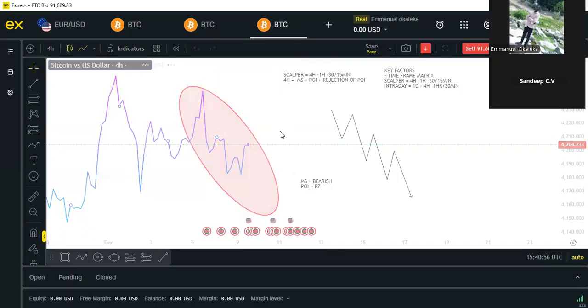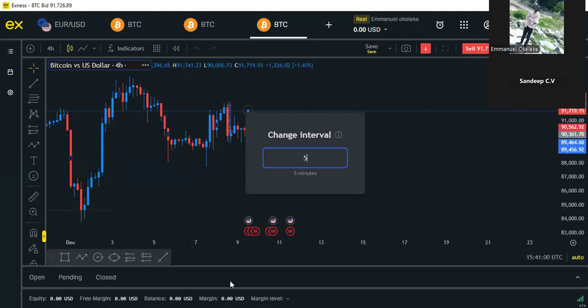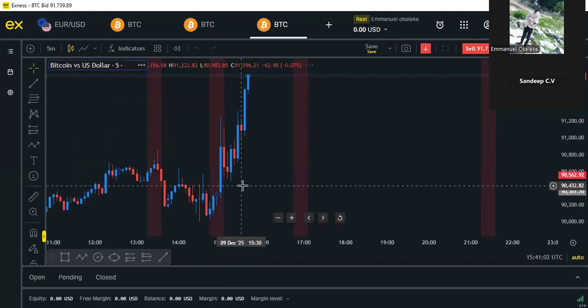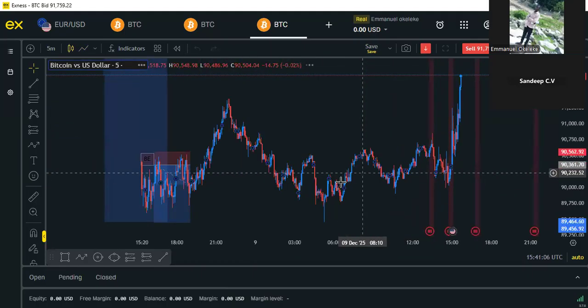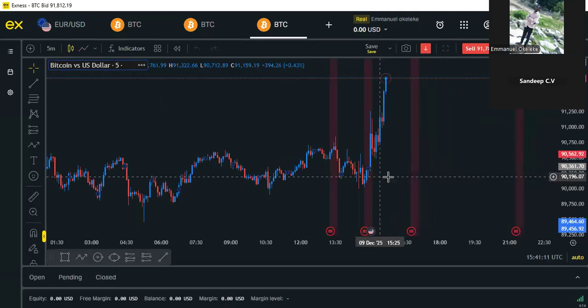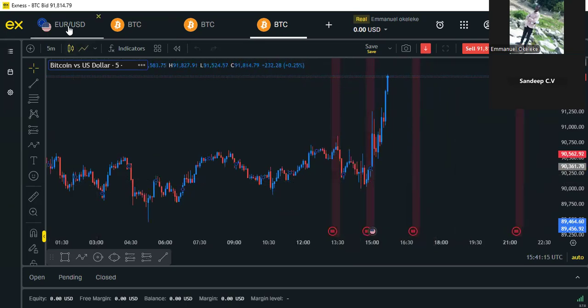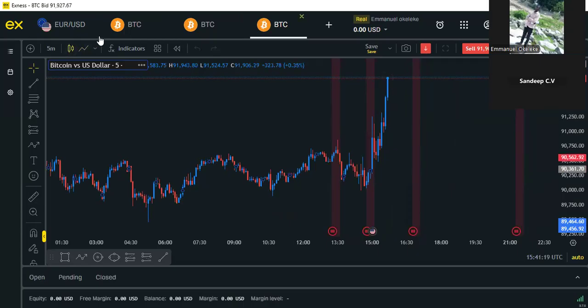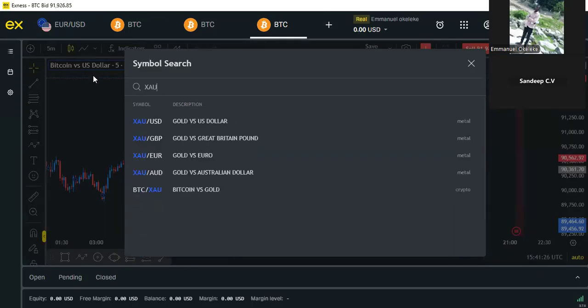Okay. Yes. 5 minutes. Where did I miss this chart? Okay, I think I'll do that later. The chart is a bit complicated now. Let's go back to gold, XAUUSD.